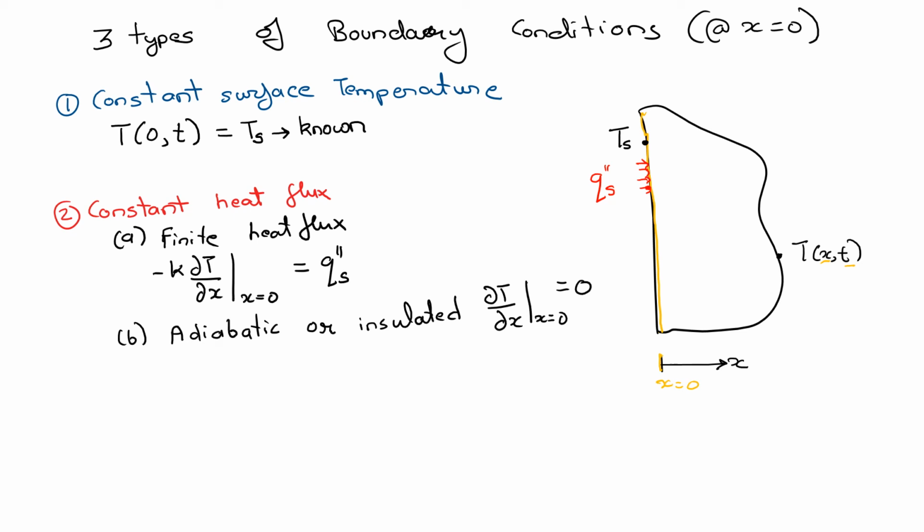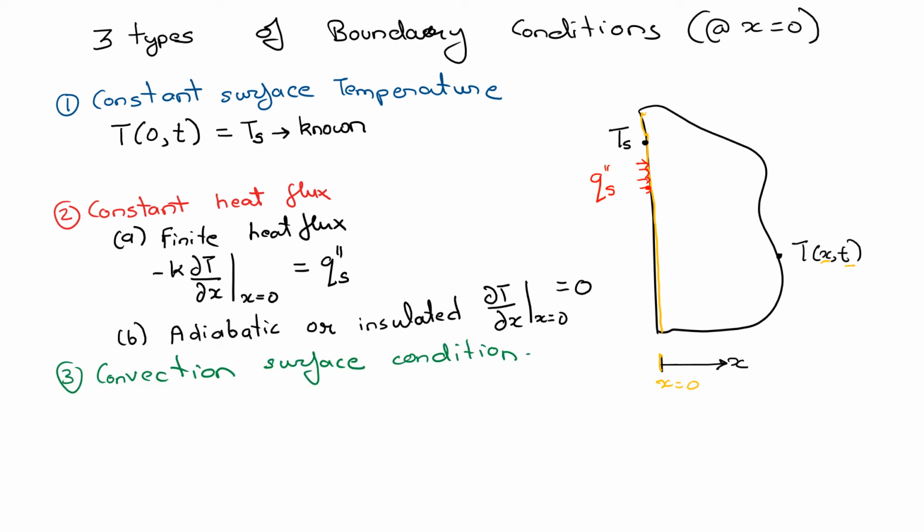So there is no temperature gradient across that boundary, or no heat flux across that boundary in the x direction. These are the two types of the second type of boundary condition: the finite heat flux and the adiabatic or insulated wall or boundary.